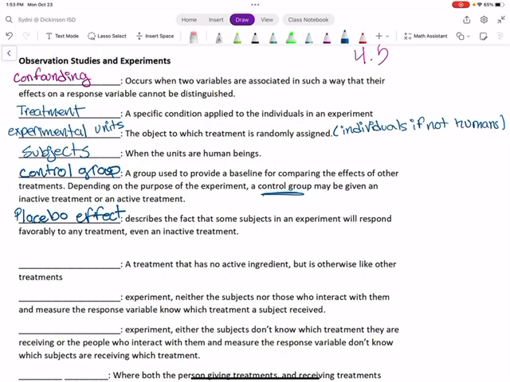Okay, now in order to have the placebo effect, you have to have a placebo in your study. A placebo is a treatment that has no active ingredient but is otherwise like the other treatments.